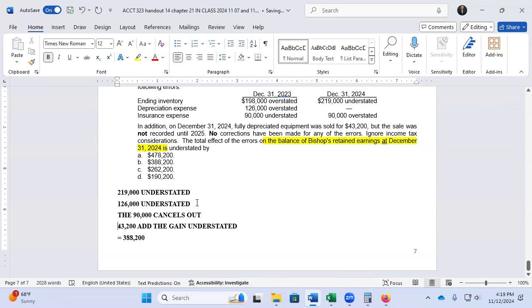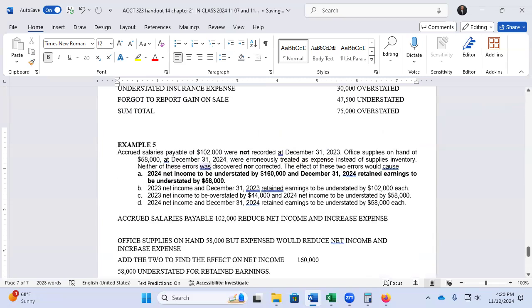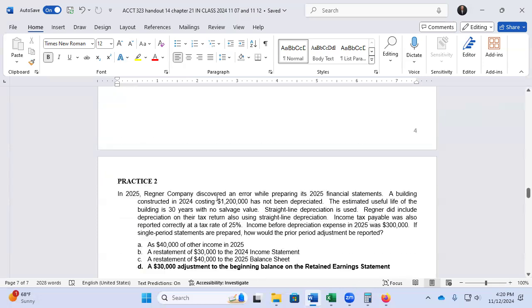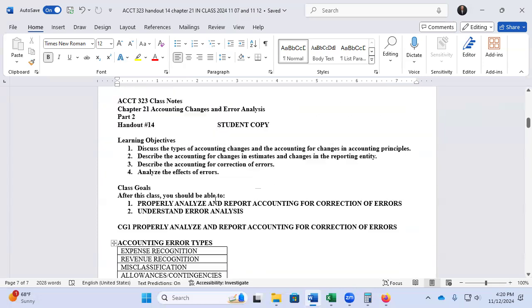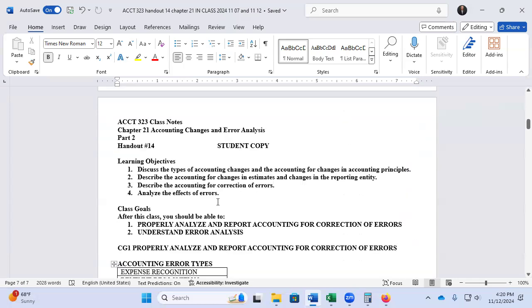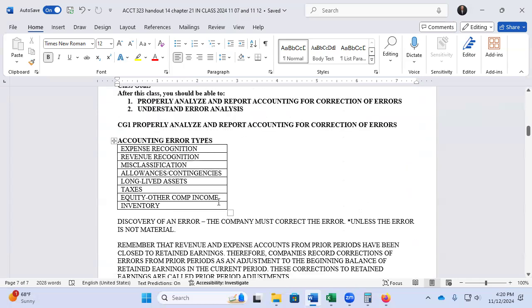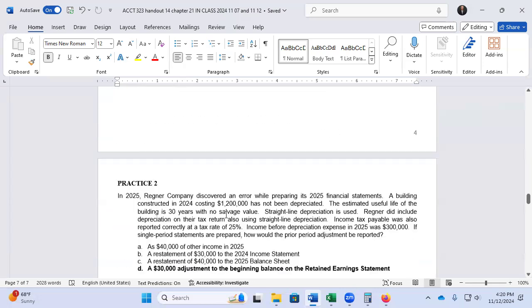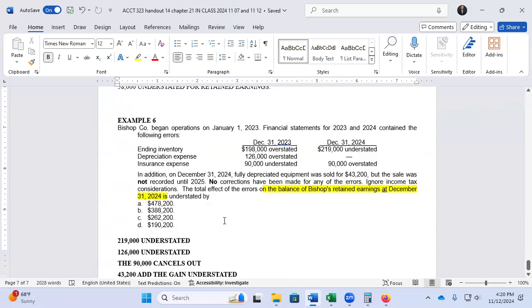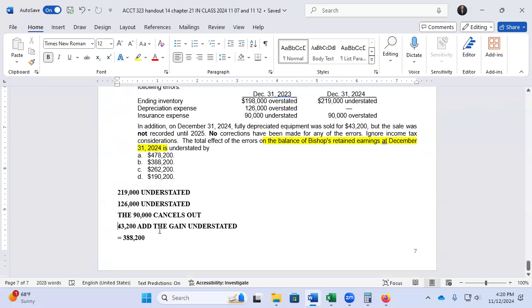Thank you. Any questions? Then which one? Because it doesn't affect retained earnings. It would have to be adjusted to the prior, like the beginning balance of retained earnings.